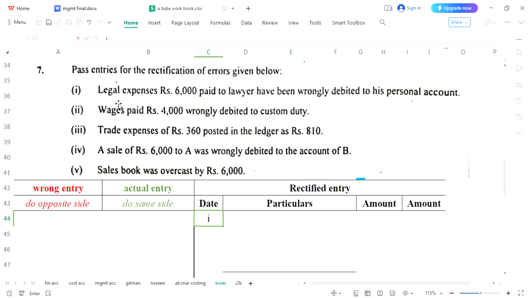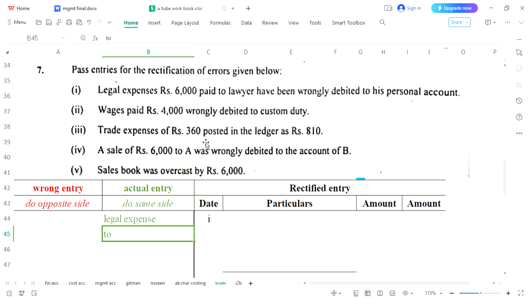First entry. Legal expenses paid. Paid means cash is going out. Legal expenses, as it has been mentioned, is an expense which should be debited. So legal expenses are written over here on the debit side.